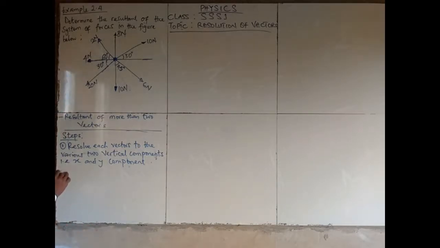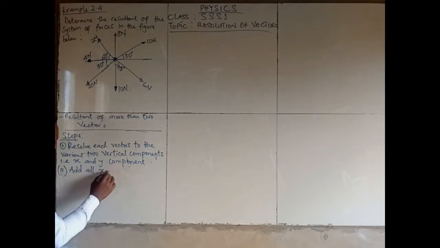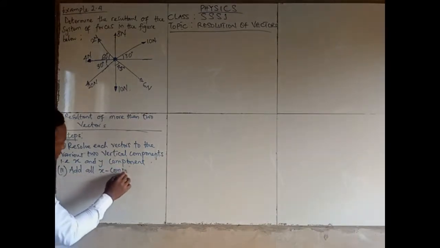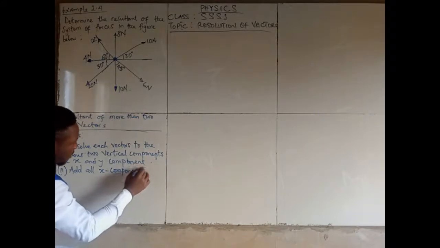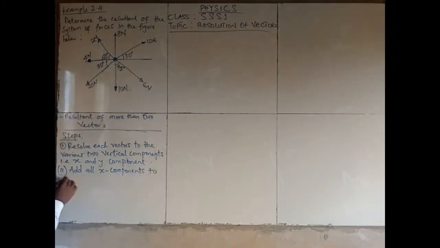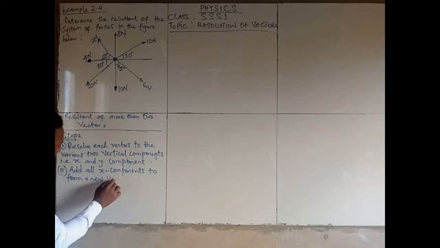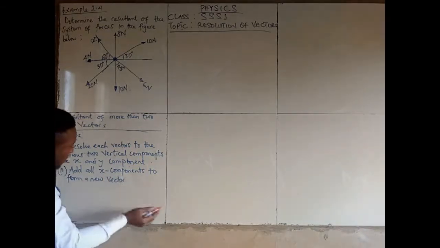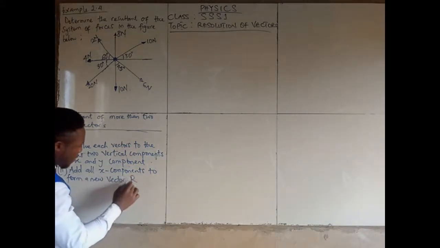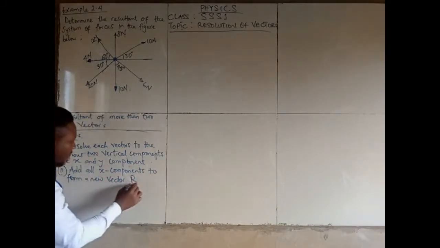Now, the second step is to add all x components together to form a new vector, let's say Rx.